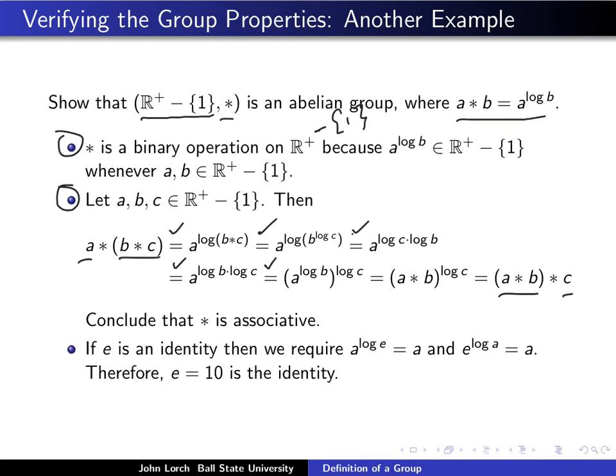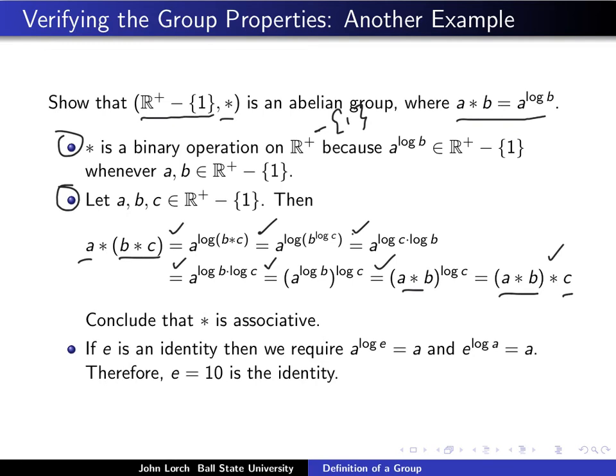But now we recognize a to the log b as being a star b. And then anything to the log c is that something starred with c. And that takes us to the end of our chain of equations. And that tells us that the operation is associative.